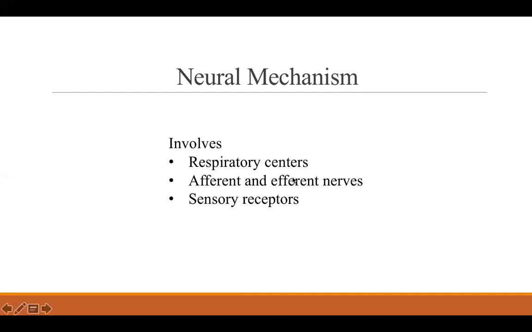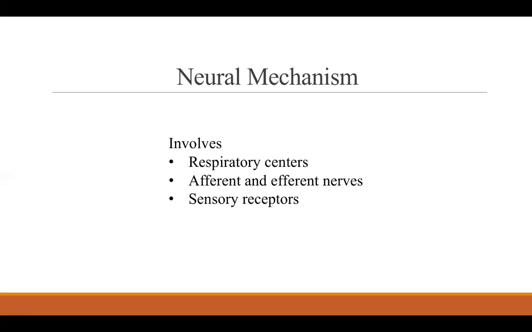Efferent nerves that originate in the CNS, at the medullary level or at the cerebral level, ultimately reach, via the spinal cord typically, the inspiratory muscles.